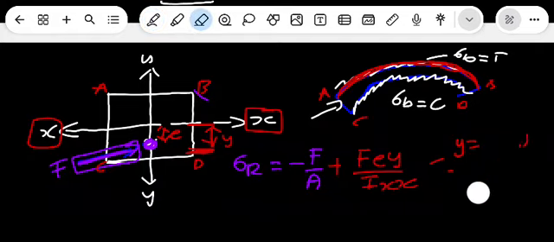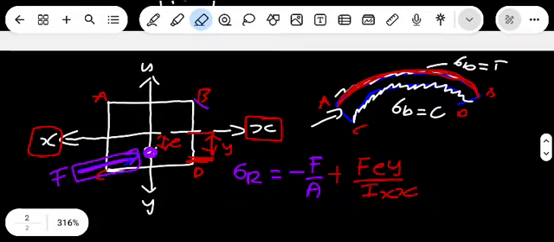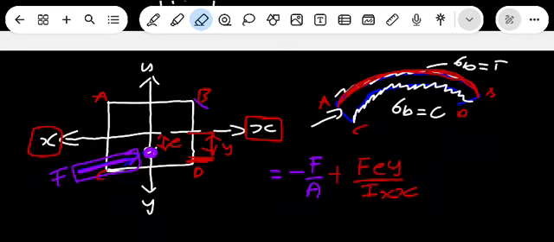So that is what we have so far. Remember, it's the resultant stress at AB, here on the top, where this thing will bend like this.